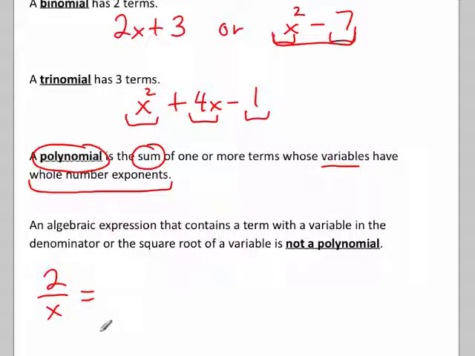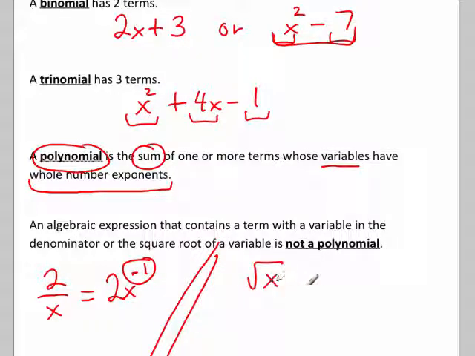And here's why. You could write 2 over x as 2x to the -1, and then the exponent on the variable is not a whole number. It's an integer. Here's another common example. The square root of x is not a polynomial because, as you'll learn later, the square root of x can be written as x to the 1/2, and the exponent on the x then is also not a whole number. It's a rational number.